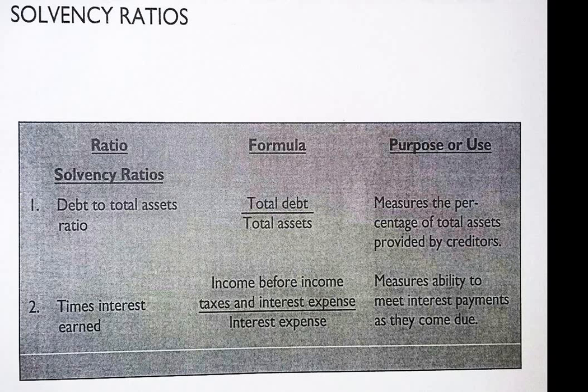The third type of ratios, solvency ratios. We have two ratios. The first one is the debt to total assets ratio: total debt, and all of you know what's meant by total debt, current and long-term liabilities, over total assets.